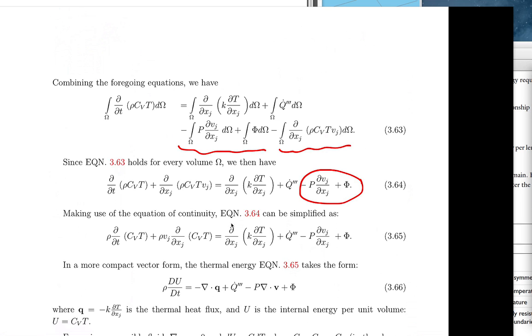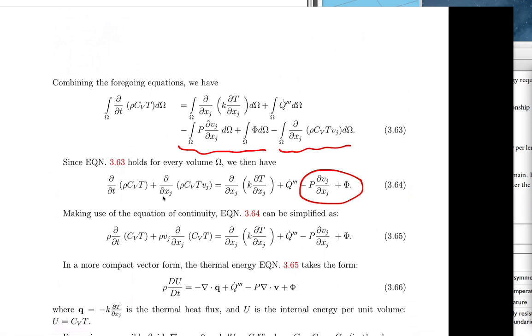So now, if we look at equation 364, we can simplify it a little bit further by changing the index notation into a vector notation.